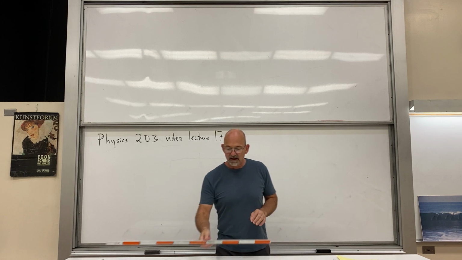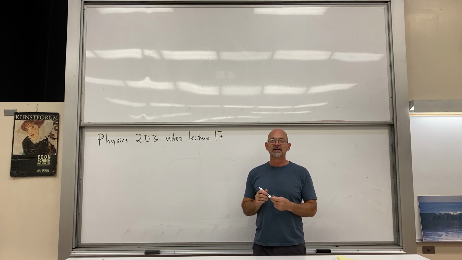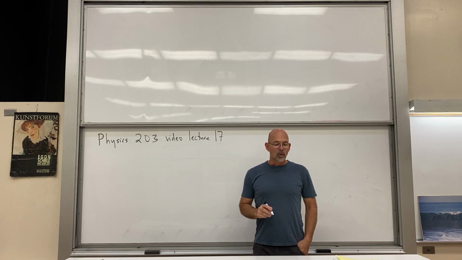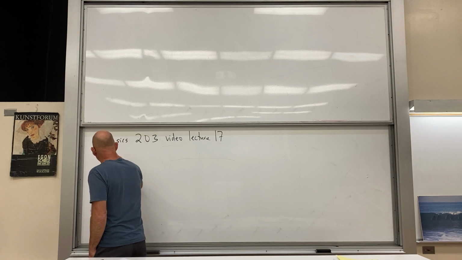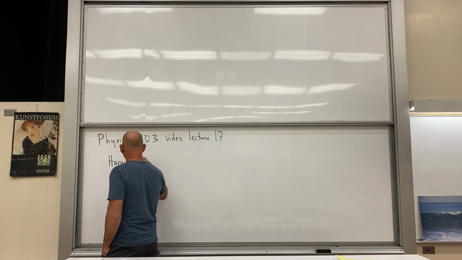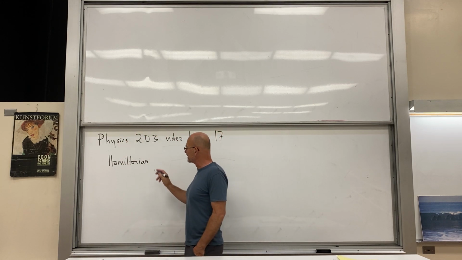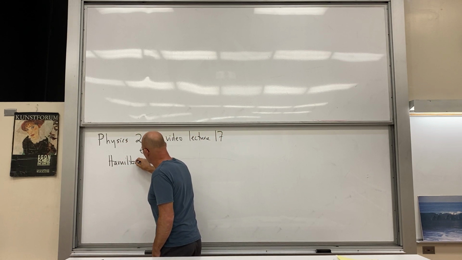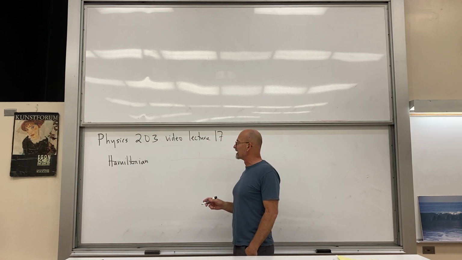So we're moving on into a new topic, or an older topic looked at in a new way. We're still talking about Hamiltonian systems, but we're going to return to the principle of least action, and we have some beginning of some extensive formal developments.